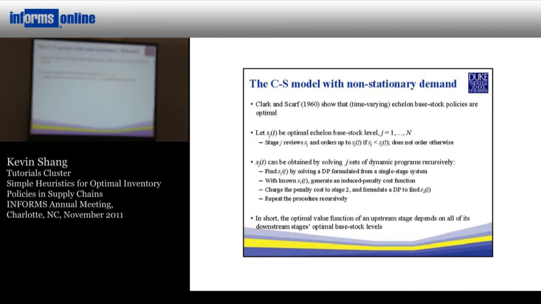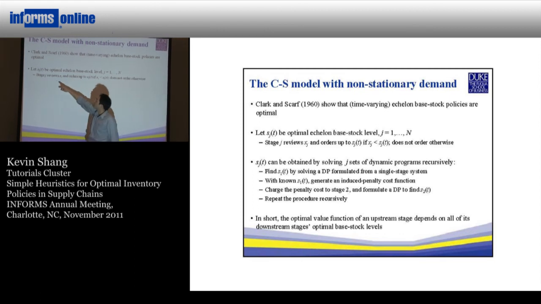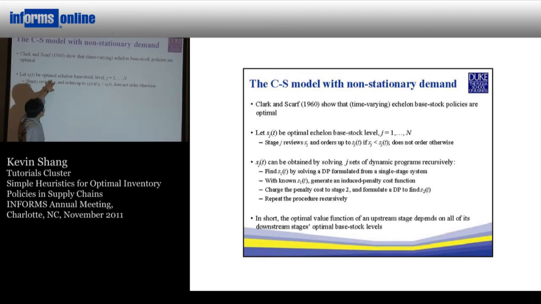So let's say S_jt is the optimal echelon base-stock level for each stage. So how do we run this policy? At every stage, you review your echelon inventory level and order up to this level. This is how you run this base-stock policy.